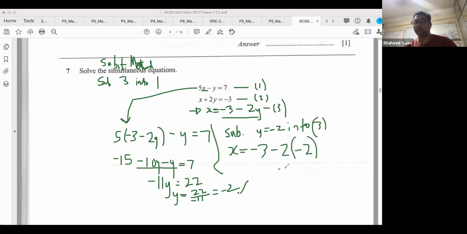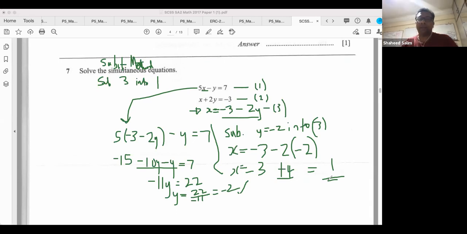Minus 2 times minus 2 becomes plus 4. Minus 3 plus 4. x equals minus 3 plus 4, equals 1. You have $4, you owe $3, you still have $1.